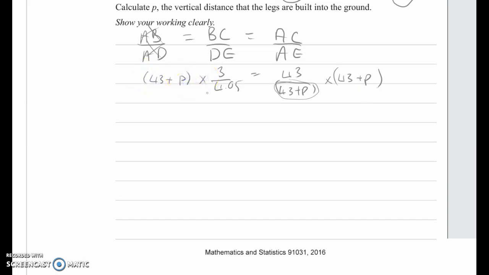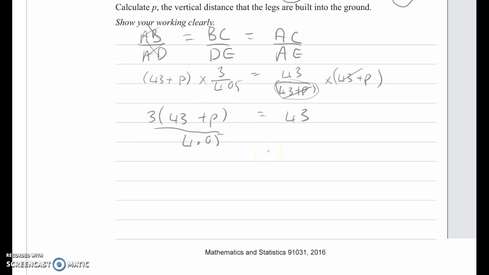Okay, now as you can see, I use my lines. I've got my numerators on the top, my denominators on the bottom. I'm timesing by a whole number, so it's going to be at the top, so that will cancel. So I'm left with just 43 there, and this will be 3 times 43 plus P divided by 4.05 is equal to 43.